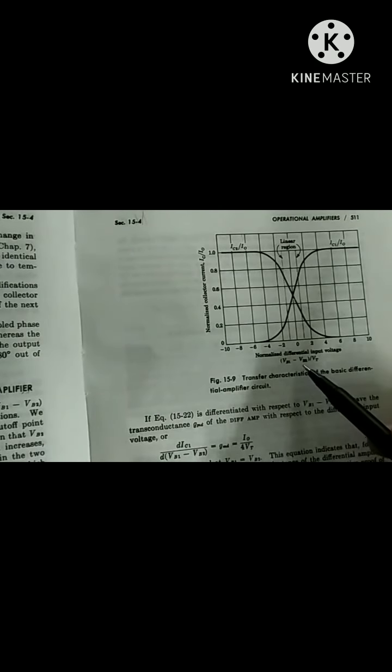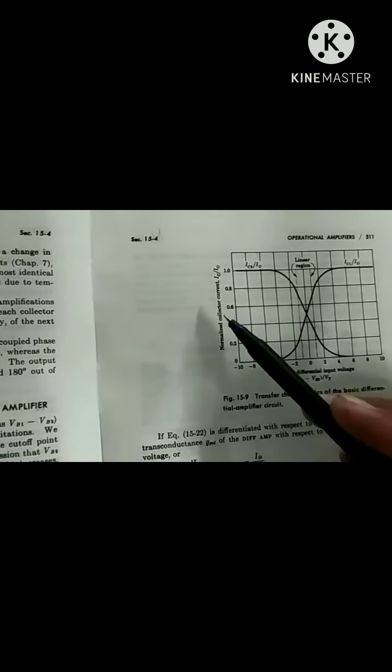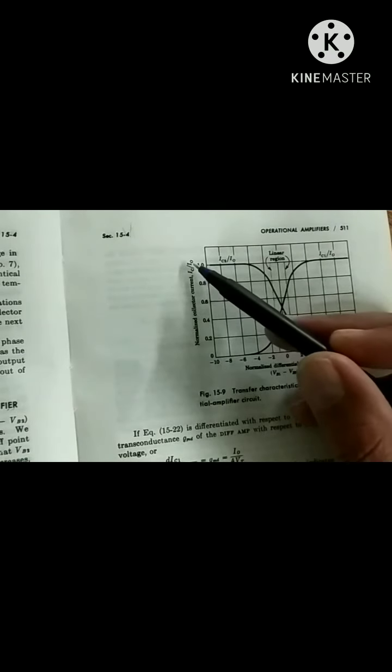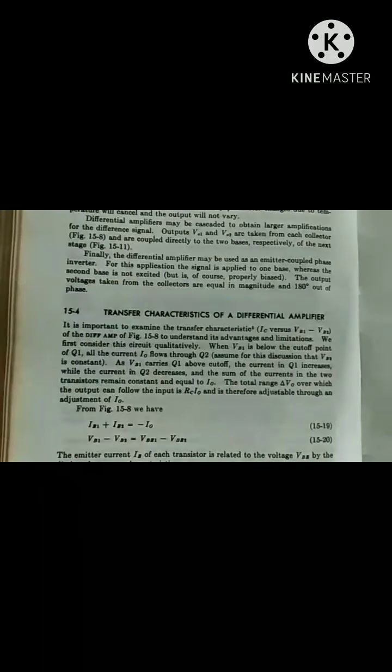The differential input voltage is VB1 minus VB2 versus IC, but this graph is given for VB1 minus VB2 divided by VT, that is thermal voltage, and IC by IO. So we will study these transfer characteristics.